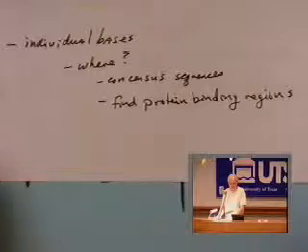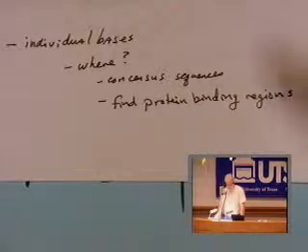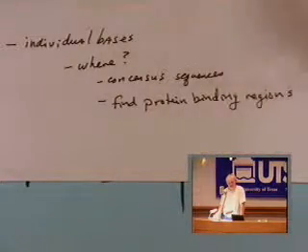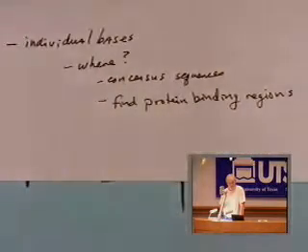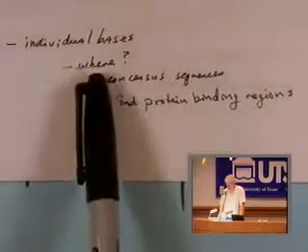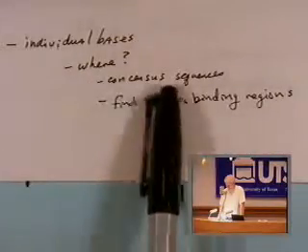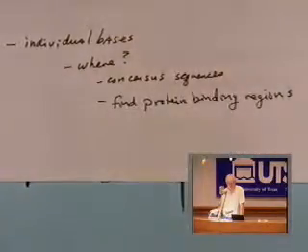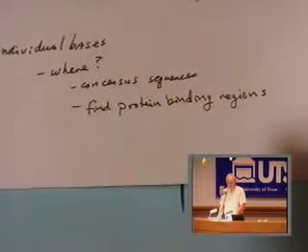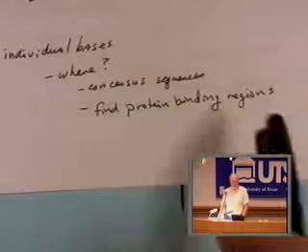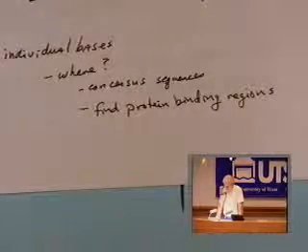And through this as well, again, we're having the basic assumption that you are looking for a new consensus sequence. You replace or delete the individual bases throughout the area that you identified, and then you determine that it would be a consensus sequence. And then you start finding the proteins that can bind to that.